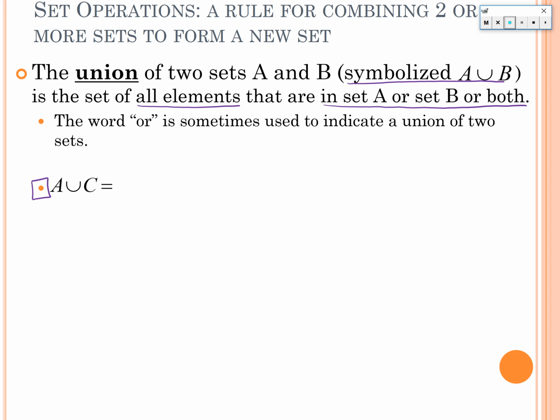So if we take a look at the sets, I'll just go ahead and jot them down here again. Set A was 30, 35, and 40. Set C was everything 36 through 40.